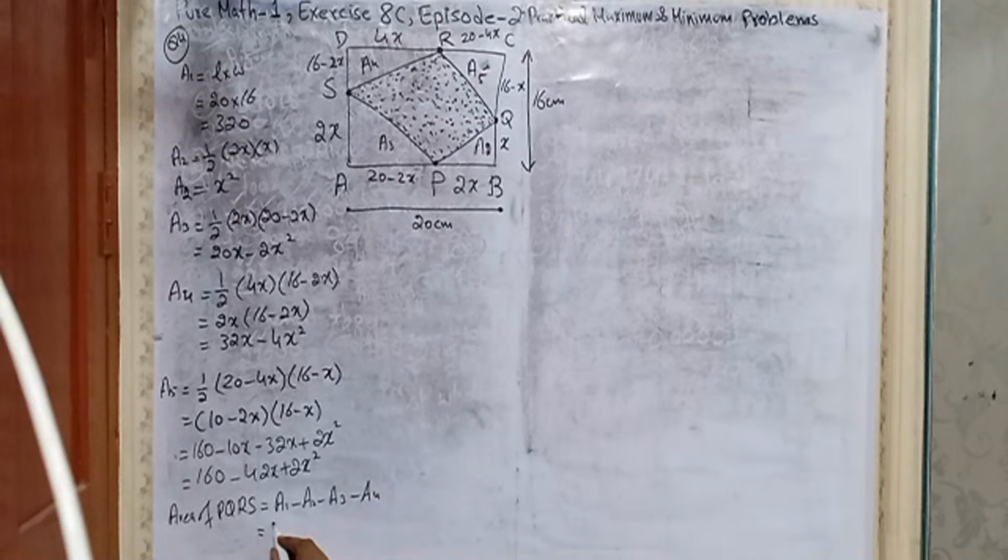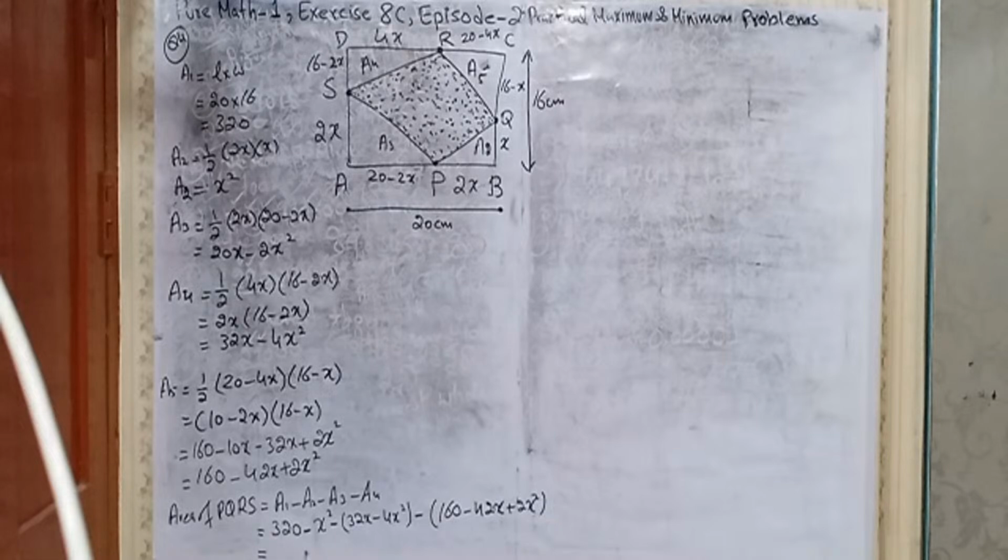Area 1 is 320, then you have minus, and it will be area 2 is x square minus, here you put bracket 32x minus 4x square, and then you have again minus, then you have 160 minus 42x plus 2x square.